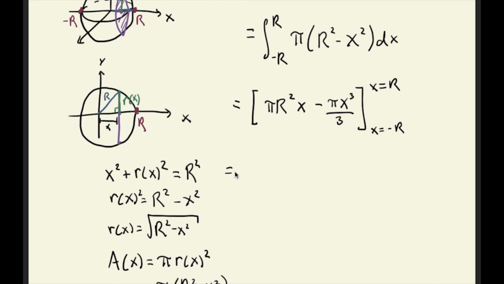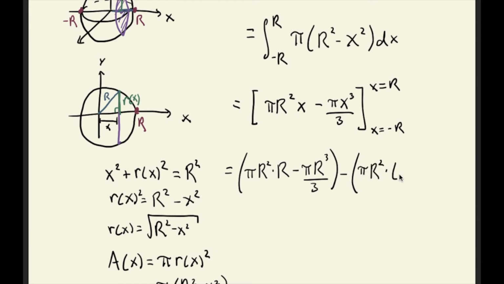If you do that, then plugging in r, you get pi r squared times r minus pi r cubed over 3, minus, now you plug in negative r, so pi r squared times negative r minus pi negative r cubed over 3.